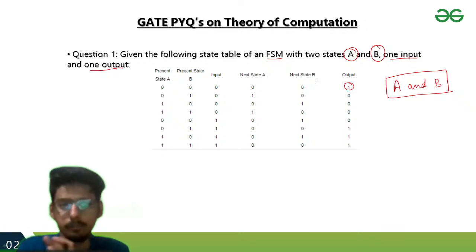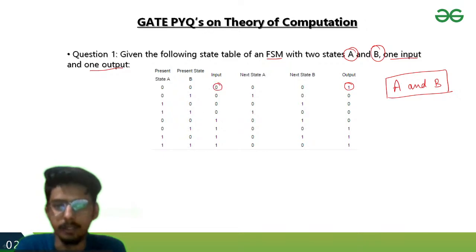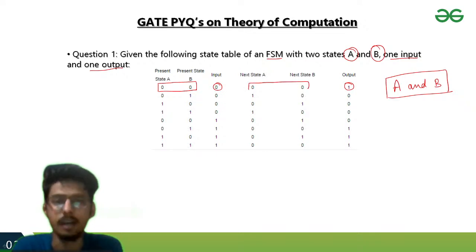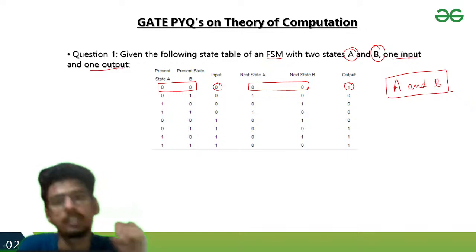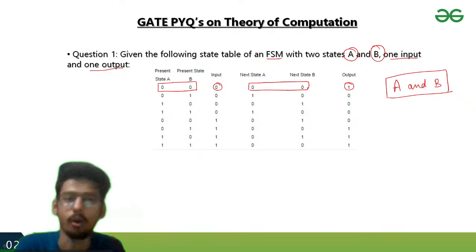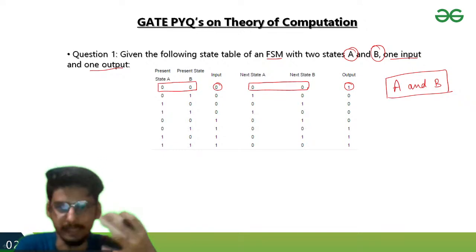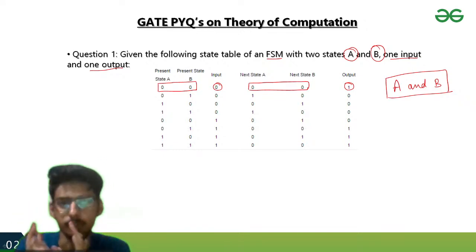So whenever you give the input, let's suppose the current state is A equals to 0 and B equals to 0, and you give the input as 0, then the next state is again going to be 0 comma 0, and its output will be 1. So the output is decided on the basis of the transition: if you are seeing 0, then you will print the output as 1, or if you are seeing 1, then you will print the output as 0, depending on where you are currently.